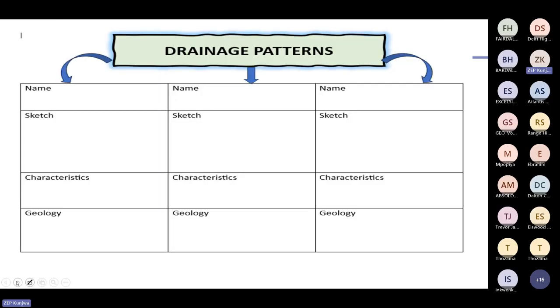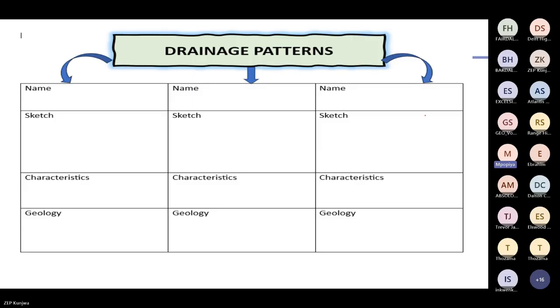All right. Can you please do that activity for us, Miss Popia? Over to you. Okay, learners. For this activity, I need you to identify 3 patterns, which is the dendritic, the trellis, and the deranged. So I'm giving you 5 minutes. We are using the same procedure.